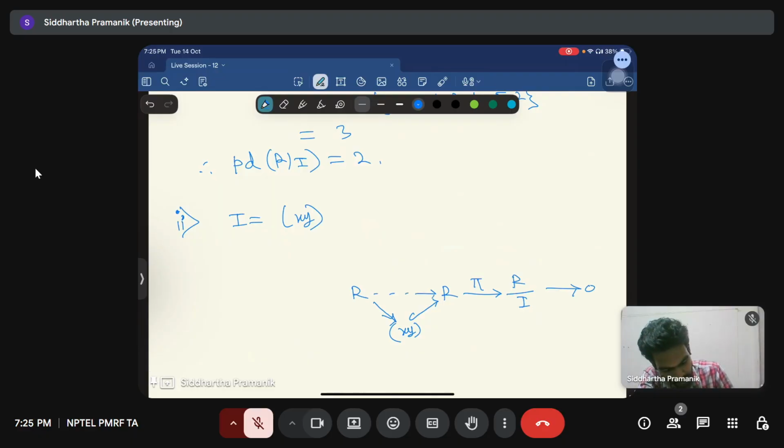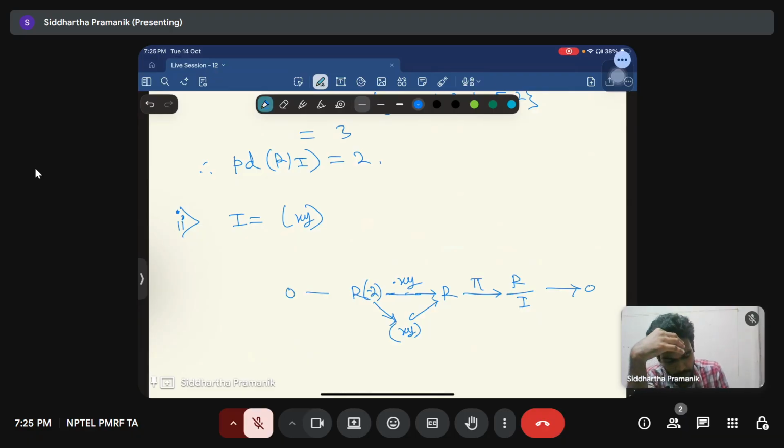So this is just multiplication by xy. But xy has degree 2. So we need to shift 2 degrees. And multiplication is injective because we are in an integral domain.